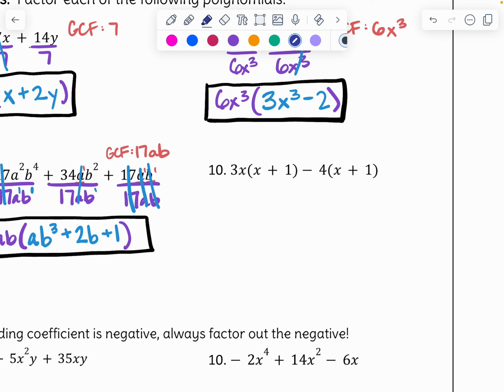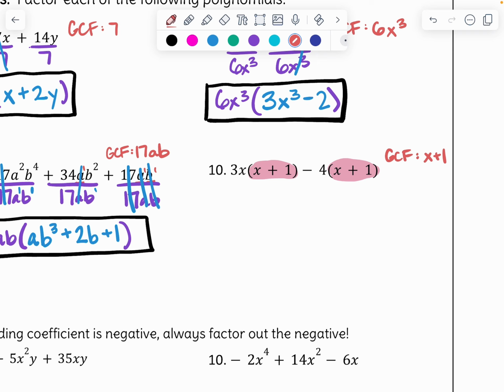So we have 3x times x plus 1 minus 4 times x plus 1. What they have in common is x plus 1. Because they're in parentheses, they are considered a factor. So the greatest common factor is x plus 1.